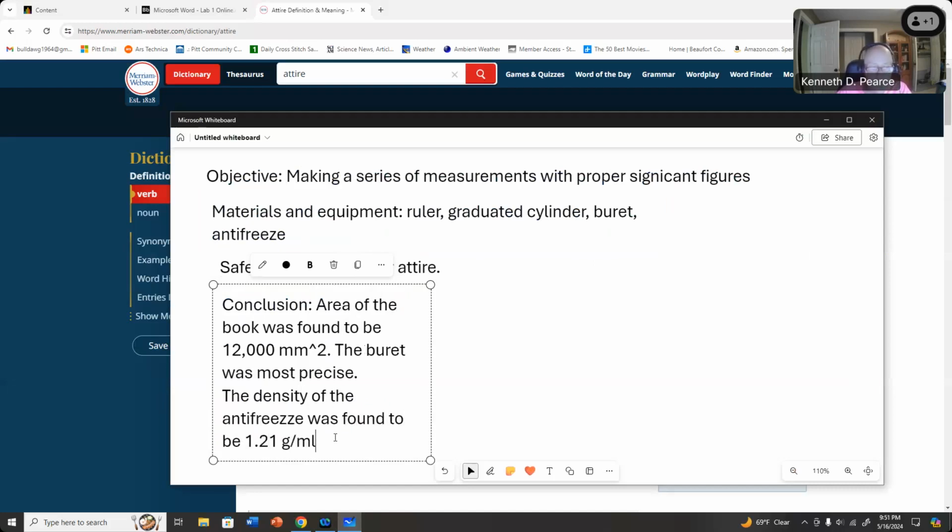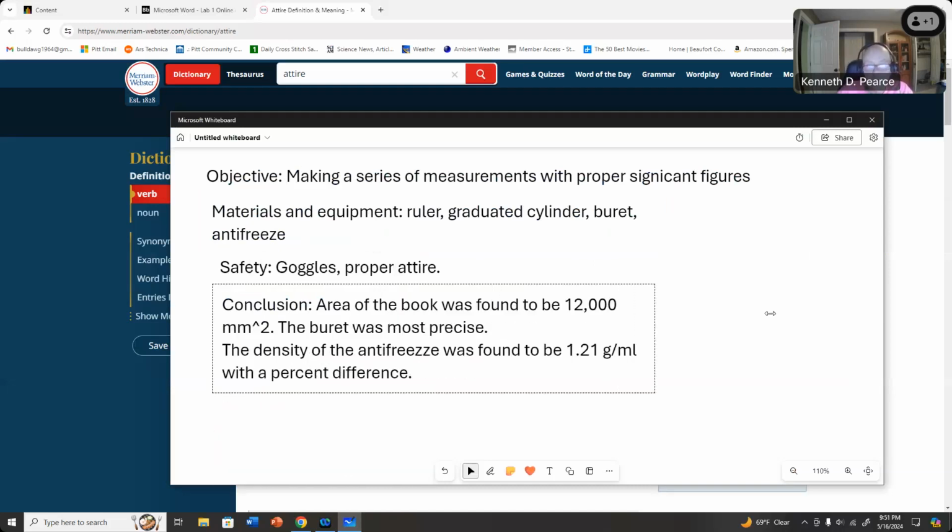Okay, that's a density with a percent difference. In other words, how far is it off from what we know the antifreeze should be? So the density of the antifreeze, maybe it's 1.19, but we measured 1.21. This is the nature of experiments.